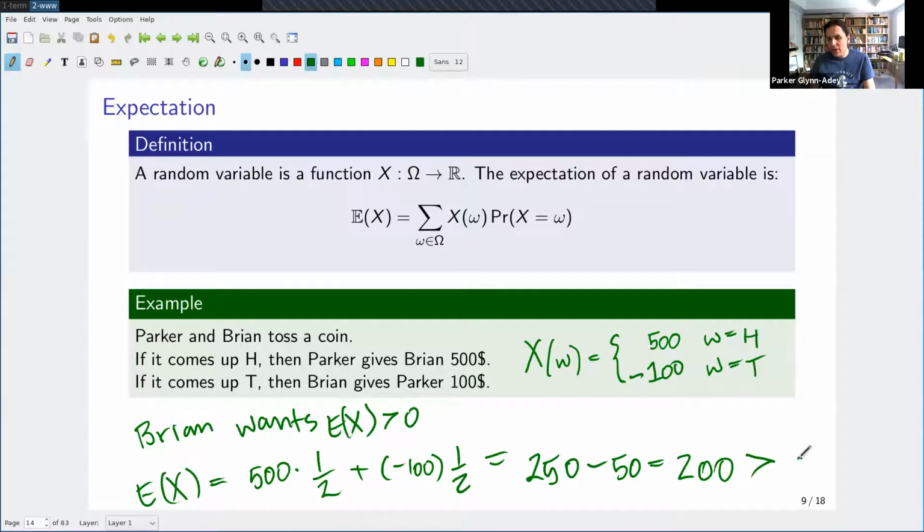So on average, if we played this a whole bunch, Brian would win $200. That's pretty good, right? Notice that that's not actually a value of the game. $200 doesn't occur here, but in the long run, if we played this many times, Brian would win.